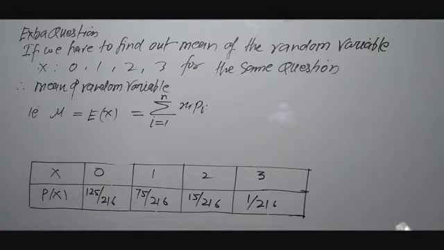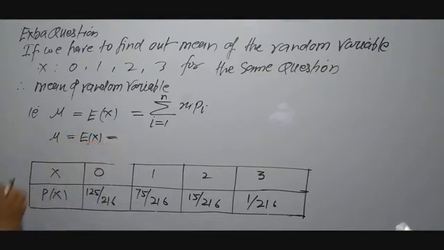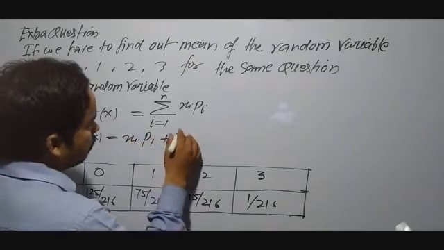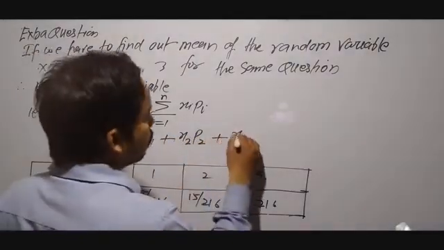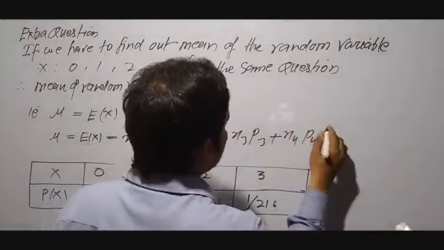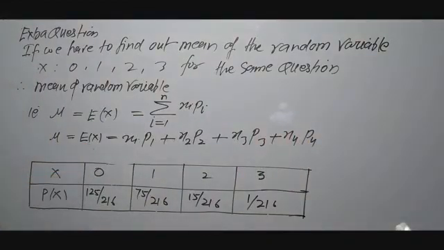So what will be the result? E of x we can write as x1 p1, x2 p2, x3 p3 plus x4 p4. Now for the random variable, the first value will be 0.